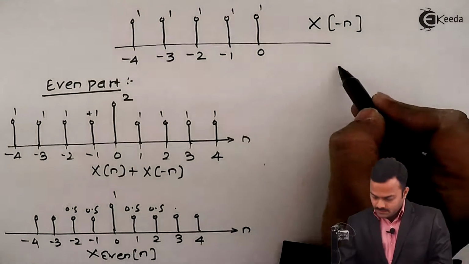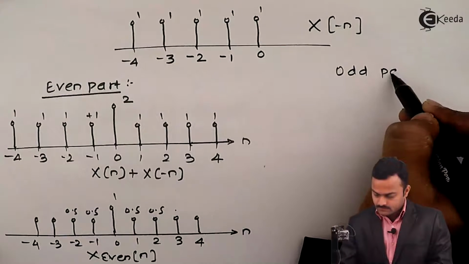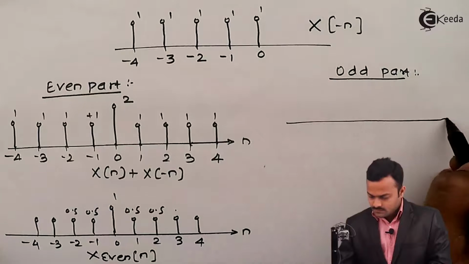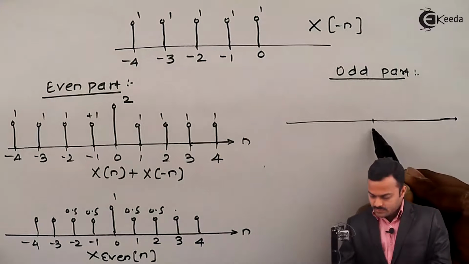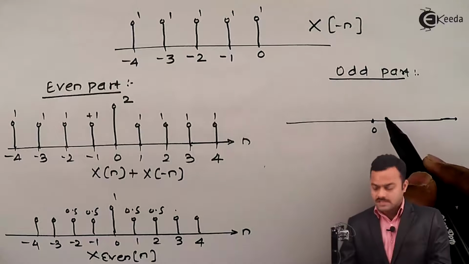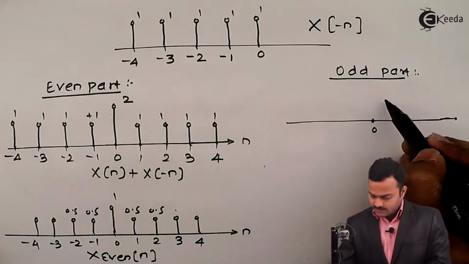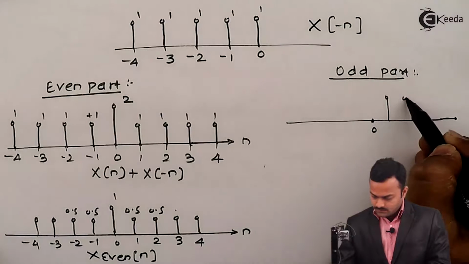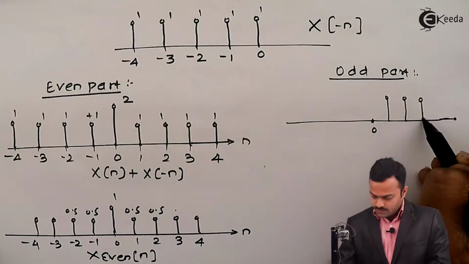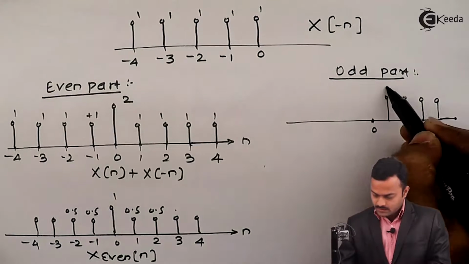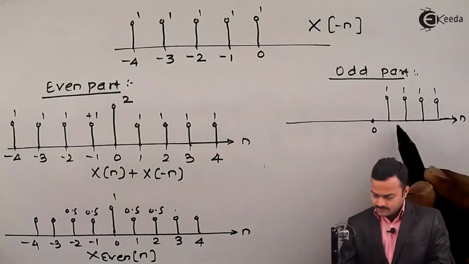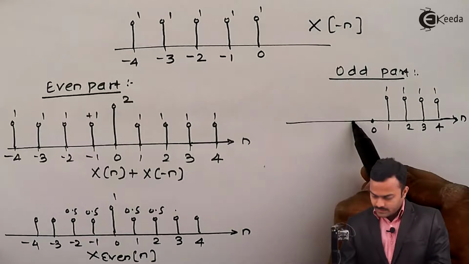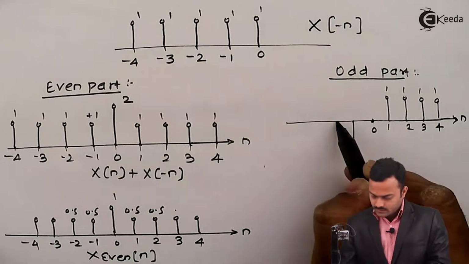To get the odd part, we need to subtract the signals. So for n equal to 0, it will have the value 0, and otherwise it will be 1, 1, 1, and 1 in the positive n axis, and in the negative n axis it is minus 1.